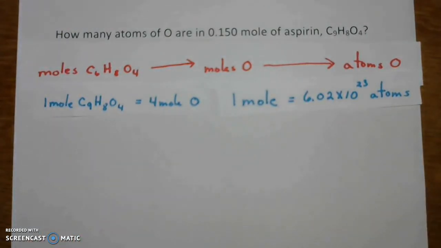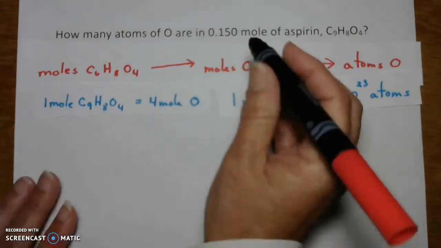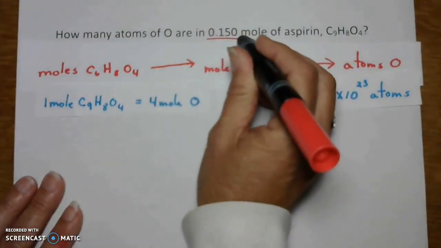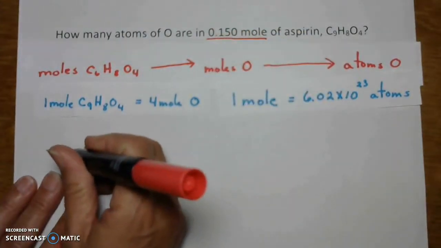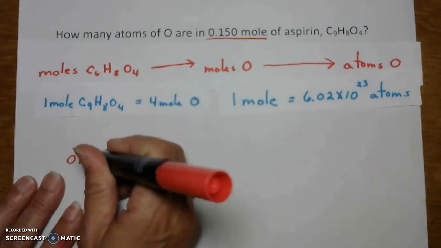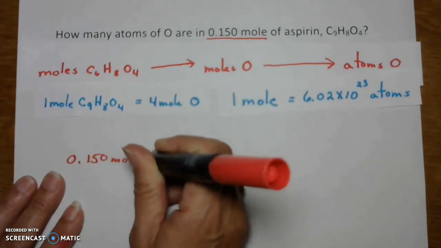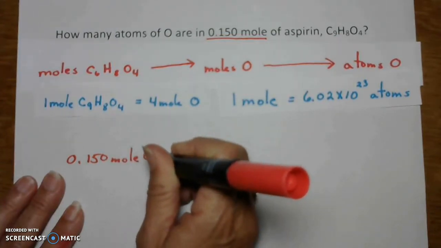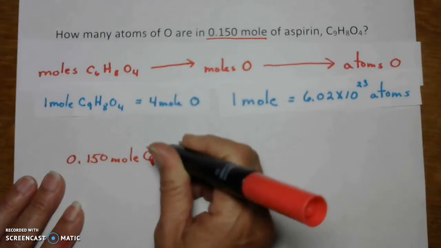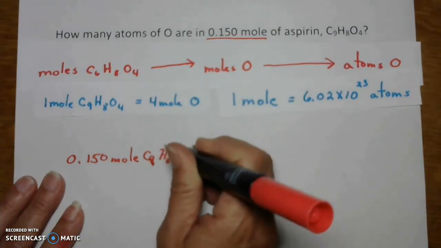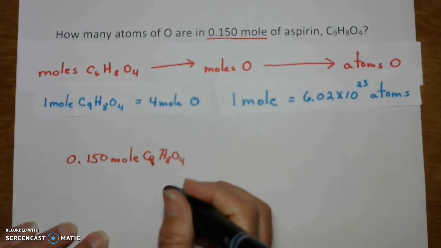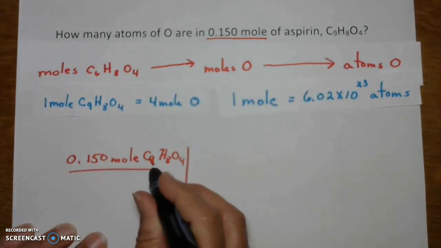So, as we always do, we're going to start with the number in the problem, which is this up here. We're going to start with the 0.150 moles of aspirin, C9H8O4. I'm going to put that on a line.